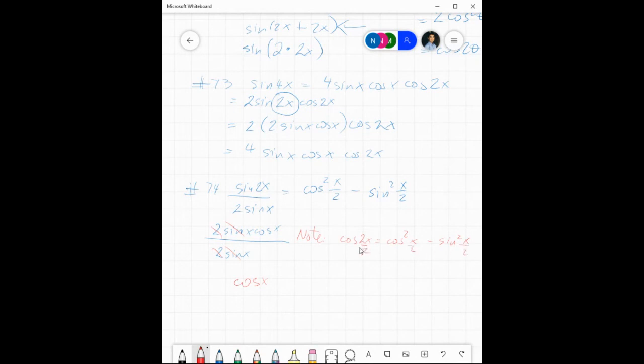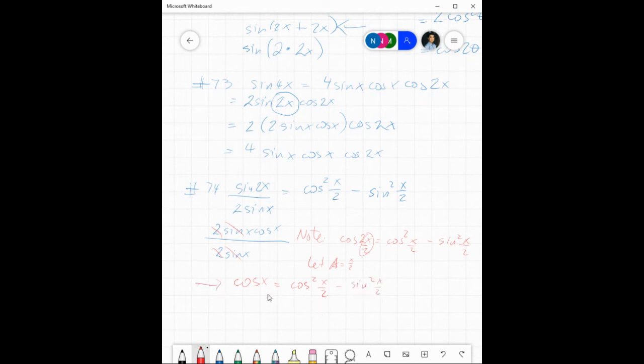If you let a equal x over 2, you can replace x with x over 2, and you're going to have cosine x equals cosine squared x over 2 minus sine squared x over 2.